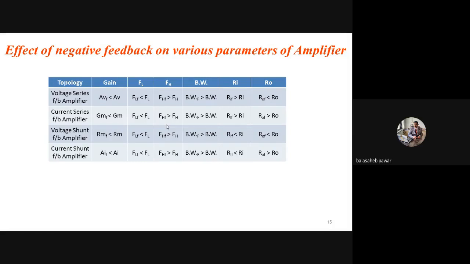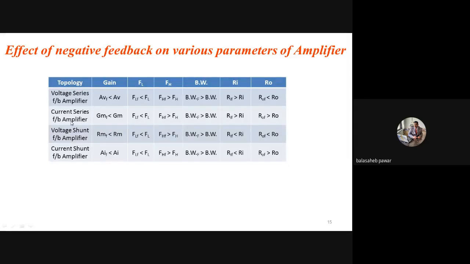So RIF increases, it is greater than without feedback. ROF, or RO with feedback, is less than without feedback, and hence we can say this is the advantage of negative feedback. Both impedances get improved.